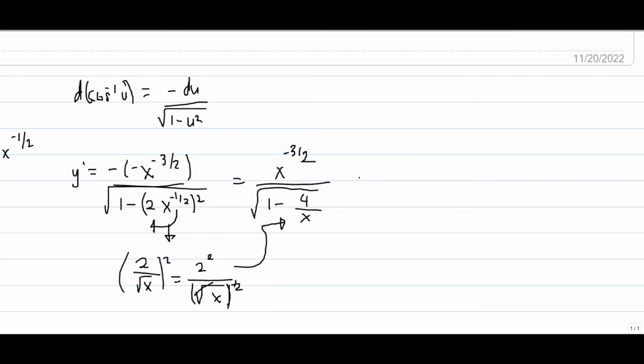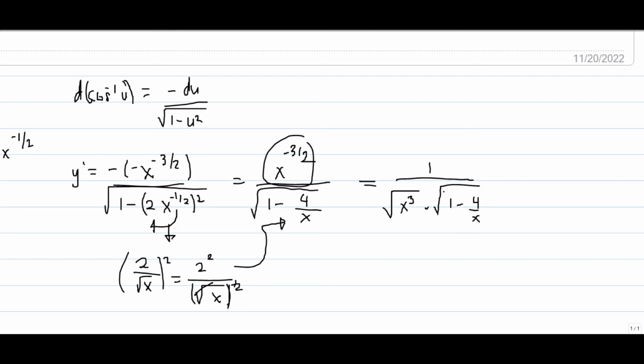Since this is a negative exponent, we can bring it down, then take the square root of x cubed, times the square root of 1 minus 4 over x.